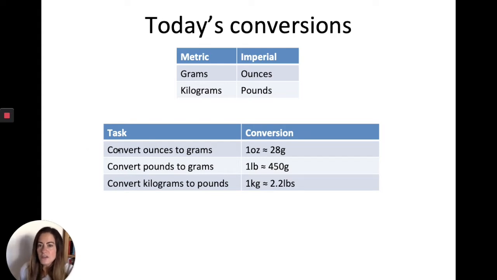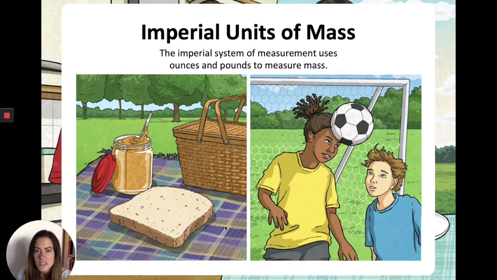We're going to look at converting ounces to grams, pounds to grams, and kilograms to pounds. So 3 different conversions. If you get stuck at any point and you're thinking, I can't remember if it's pounds or grams or this or that, this is something to come back to, to show you the different conversions that we're doing. So let's get started.